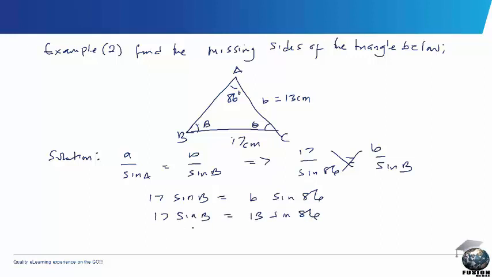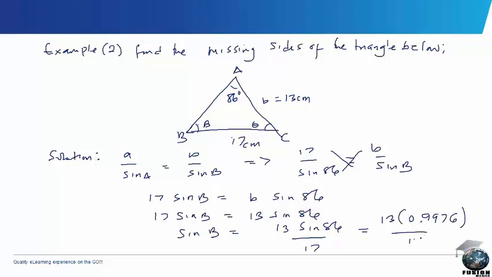B is given as 13 centimeters, so we can say that sine B is equal to 13 sine 86 all over 17. Sine 86 is equal to 0.9976, so we can write this as 13 times 0.9976, all divided by 17.